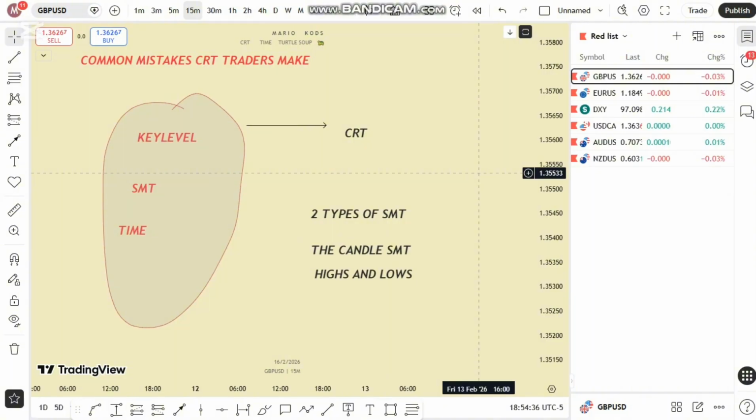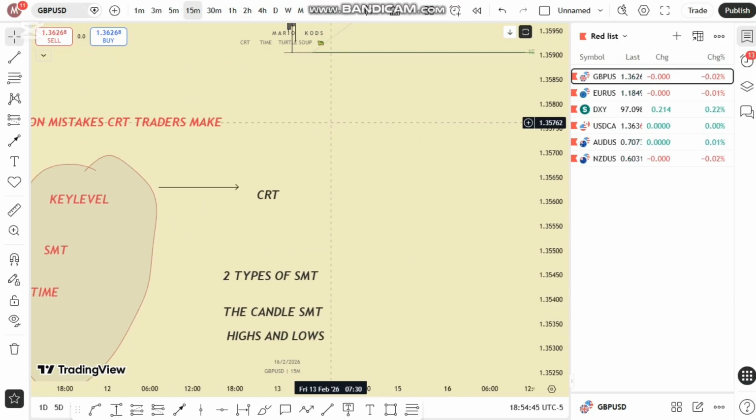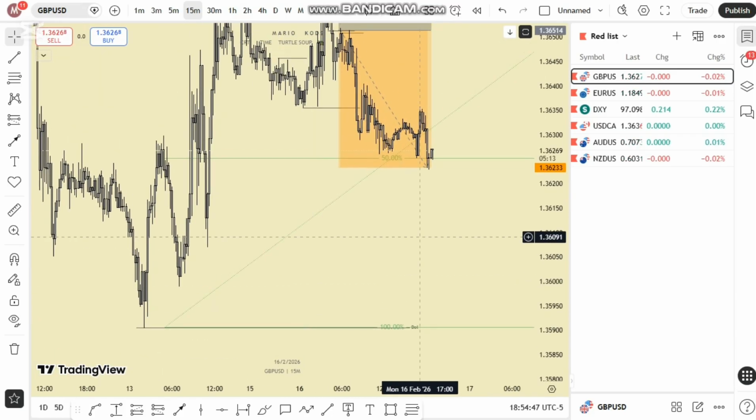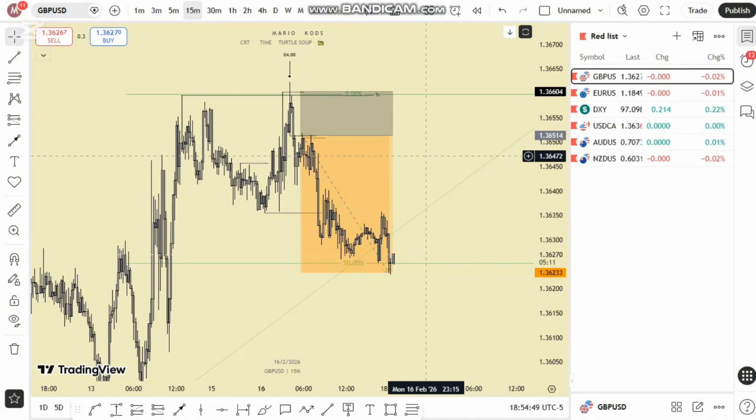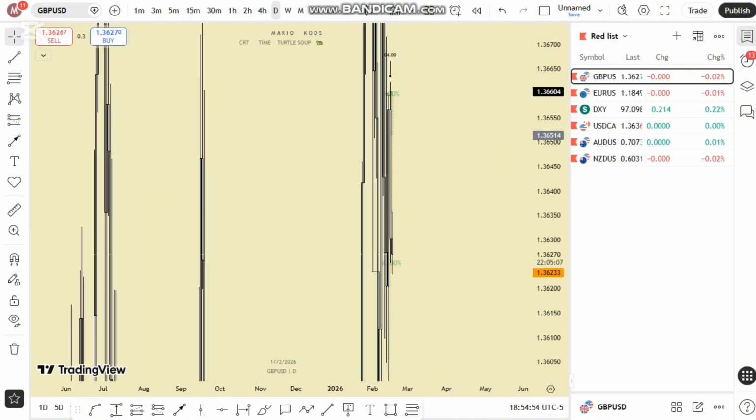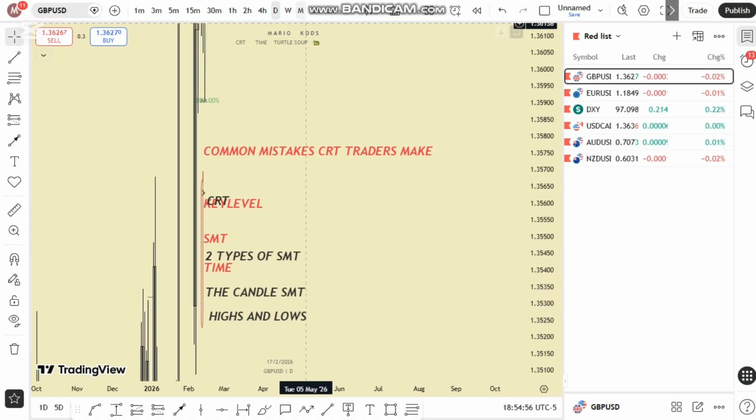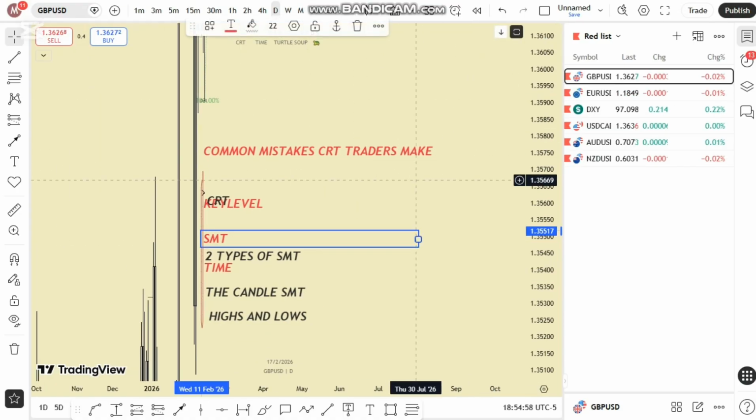Do you want me to give you the first candle SMT example, which I did today? Okay, let's go immediately. First of all, we are talking about candle SMT. Moving to the daily time frame, but before that, I'm going to give you a brief breakdown.